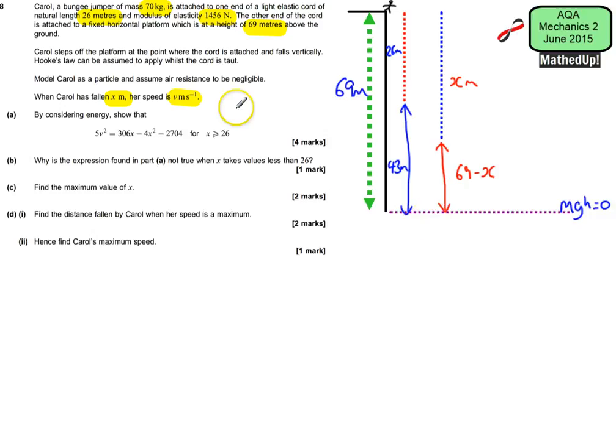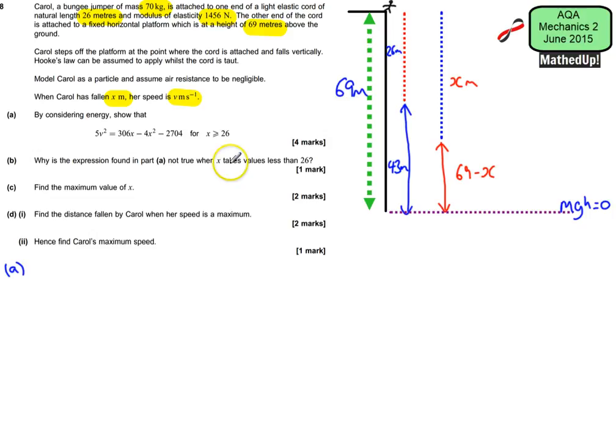Now we've got our diagram, we can have a go at answering part A of this question. We're going to consider energy to show that that is true. I'll start by deciding how much energy is in my system.